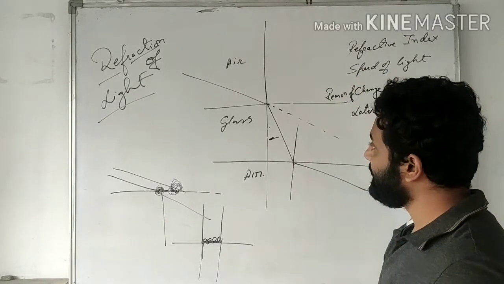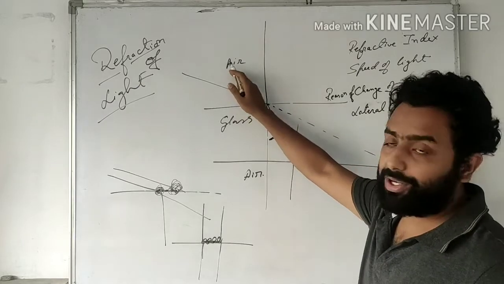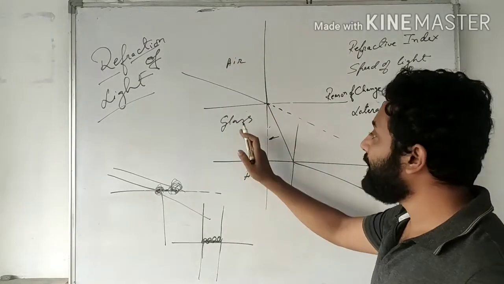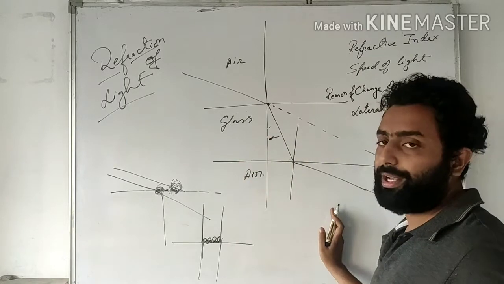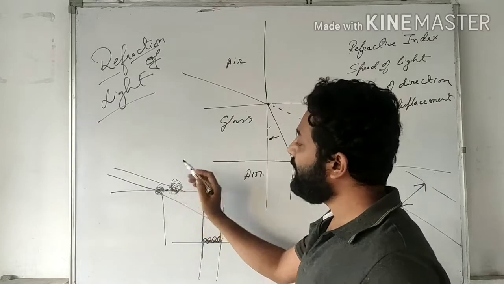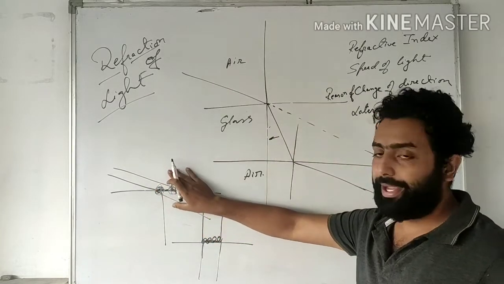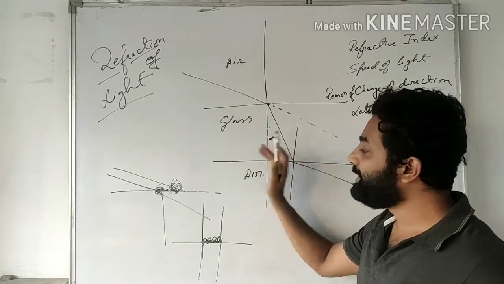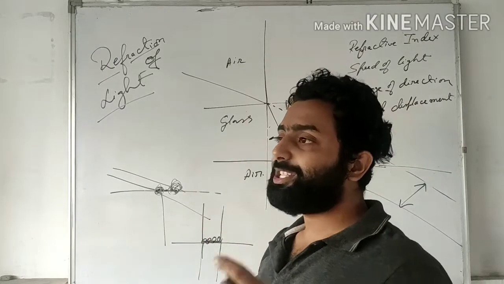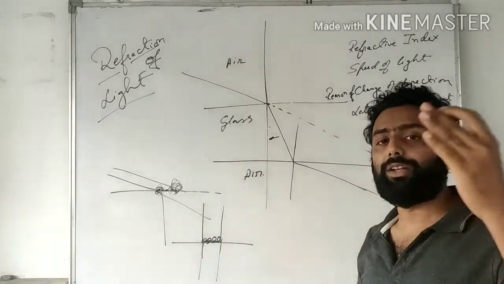So that is the reason why a ray of light traveling from rarer to denser medium bends towards the normal, and a ray of light moving from denser to rarer moves away from the normal. It is because when an angled ray hits the surface, its different particles hit the surface at different times, and the speed changes in a different way.